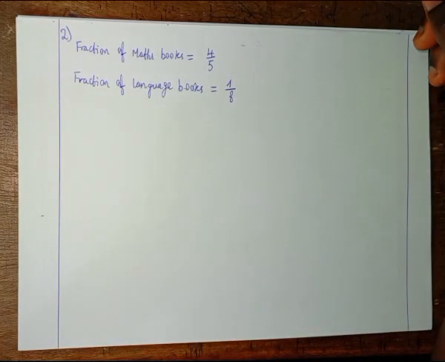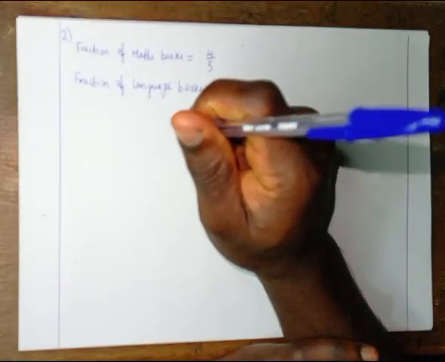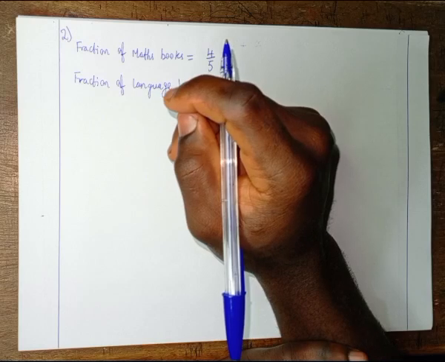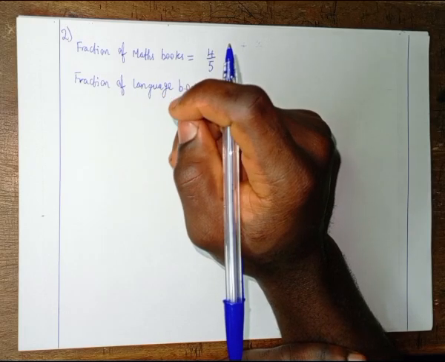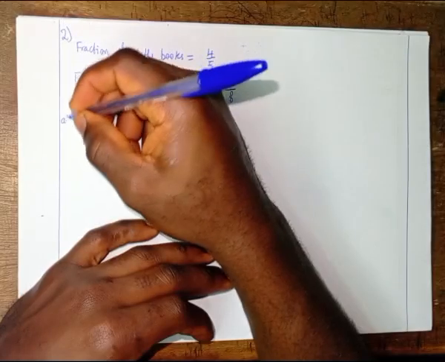The next 2/3 of the language books are French, and the rest of the books are scientific books. The question goes, what fraction of the books are? Question A, we have French books.